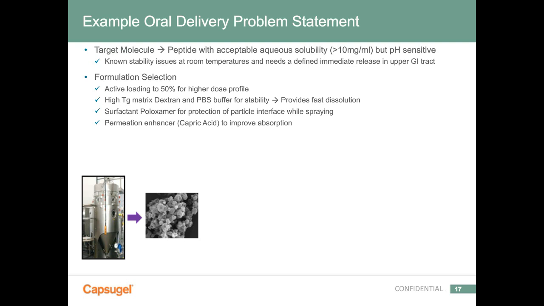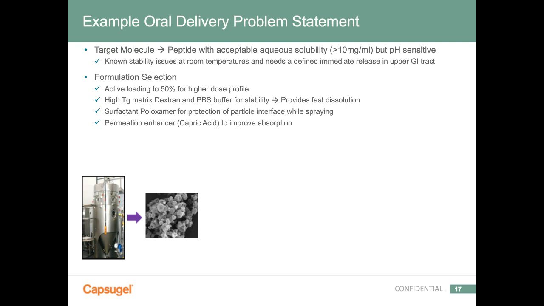This was to hit the high dose, but because we had some instabilities, we knew that we had to add a high Tg matrix to stabilize the molecule and control dehydration, and also have the associated buffer salts to make sure the protein itself was not unstable during the process. So we added dextran or the PBS salts. This, in the end, would also provide a fast dissolution at the target site. We included a surfactant, in this case poloxamer, to give protection to the particle interface while spray drying. And then we included a permeation enhancer, capric acid, to help improve absorption.